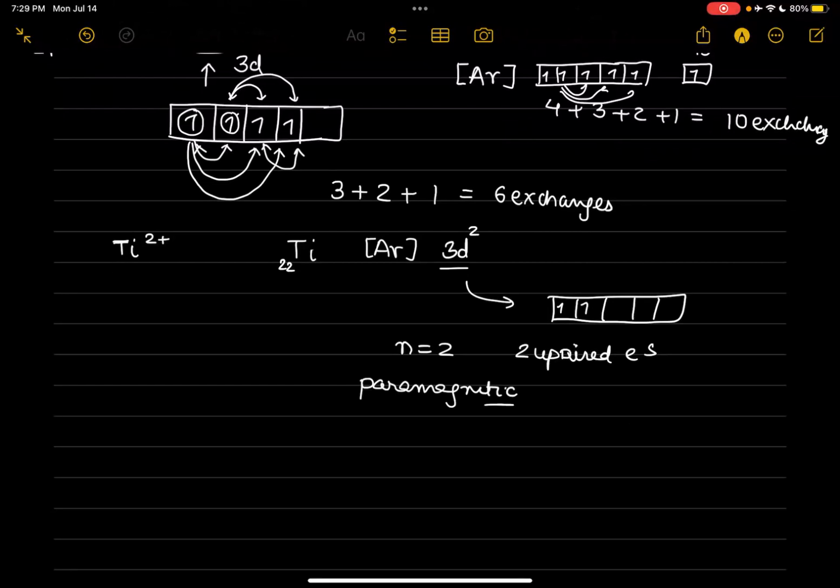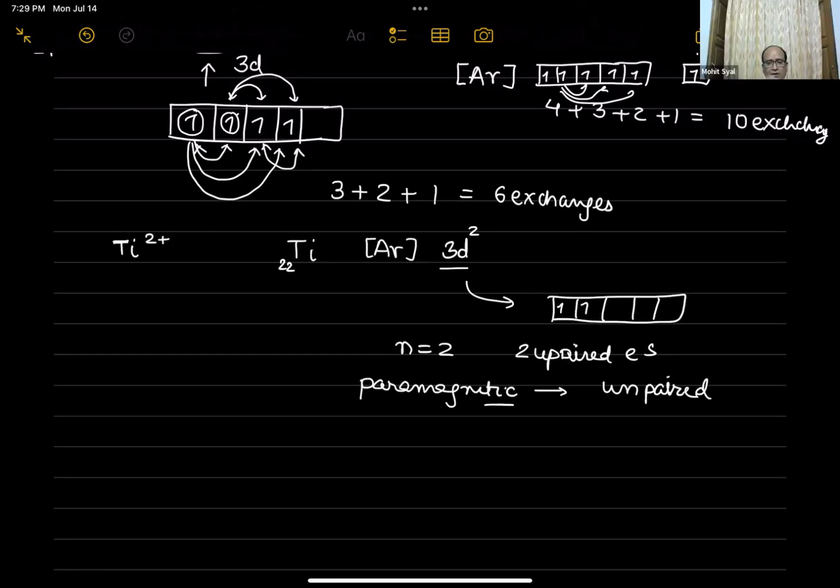Paramagnetic is a substance which gets attracted by the magnetic field. And that happens if it is having unpaired electrons, because each electron behaves like a small magnet. You might have done an experiment in your class 10 that when you wind a wire around a nail and you pass electric current, it produces a magnetic field. Same thing here also. Got it?